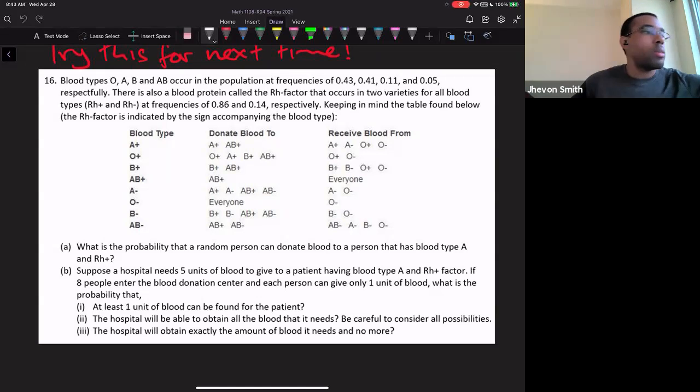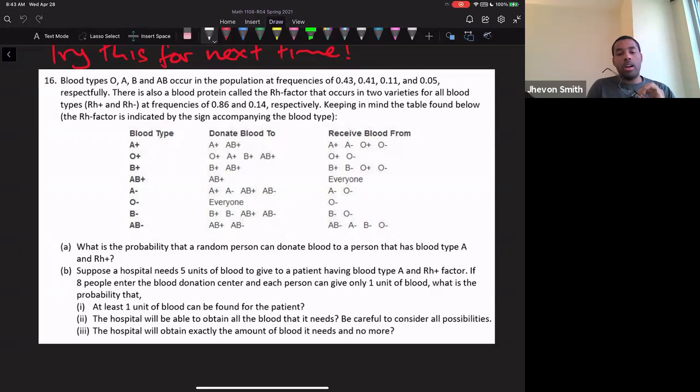What is the probability that a random person can donate blood to a person that has blood type A with an RH plus, right? So we can pretend that someone comes into a clinic, they need blood.